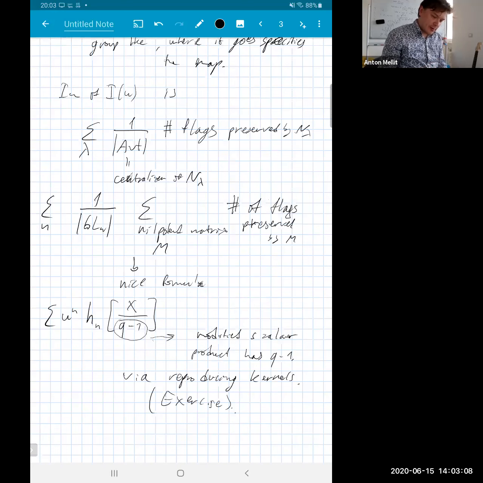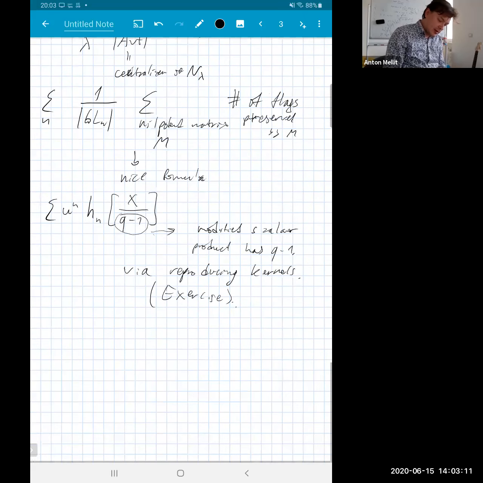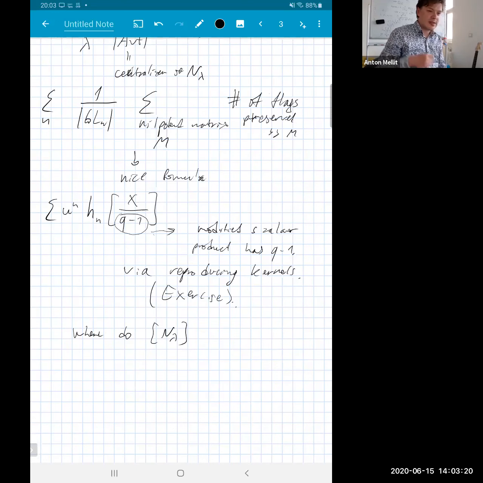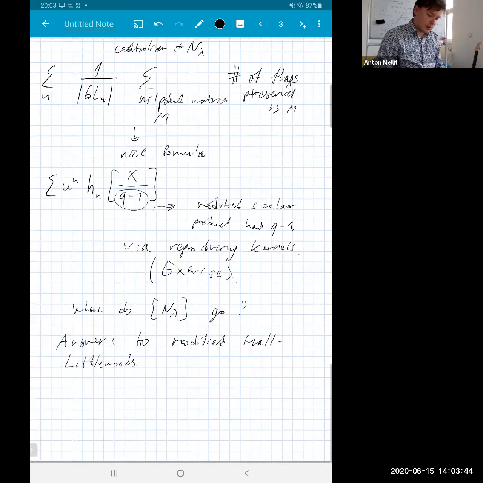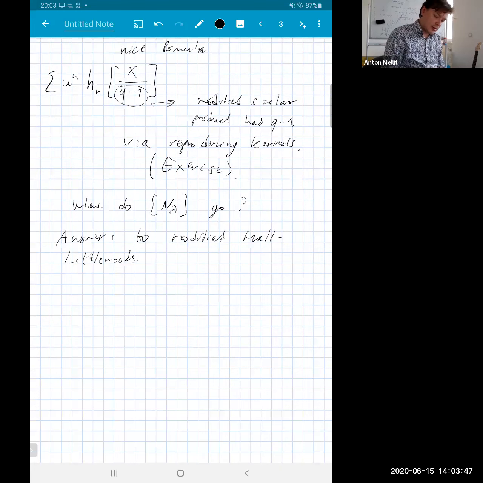Okay. So right, and then the point is, where do the actual objects go? We did all this abstract algebra, but we didn't even understand this basic thing. And the answer is: to the modified Hall-Littlewood polynomials. And what is this?